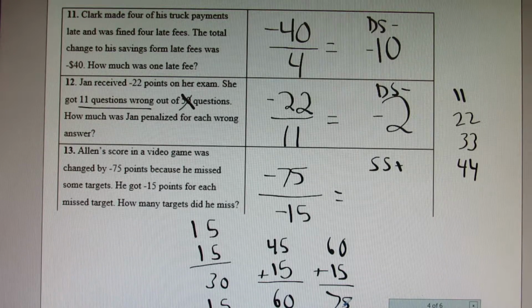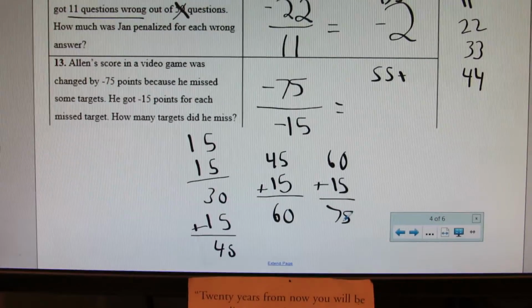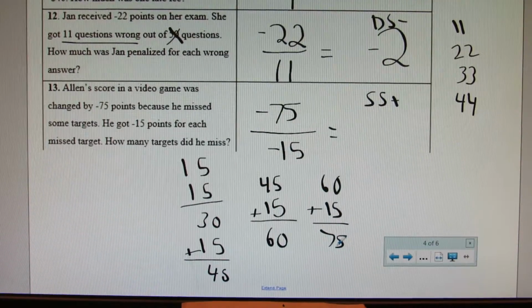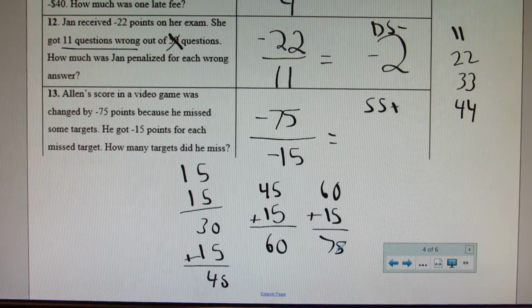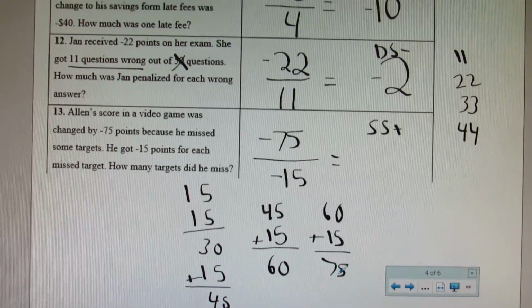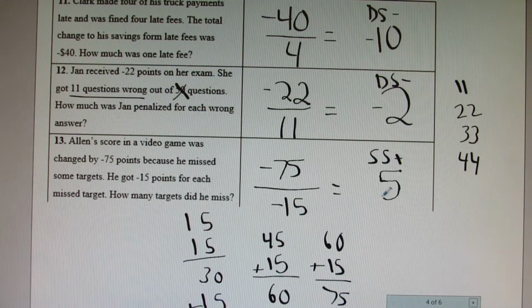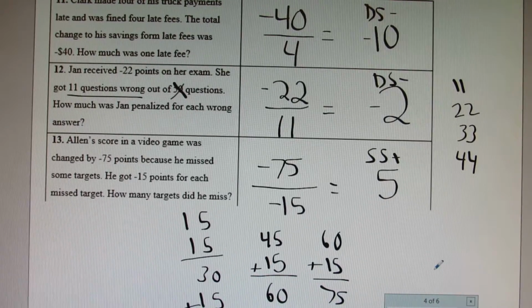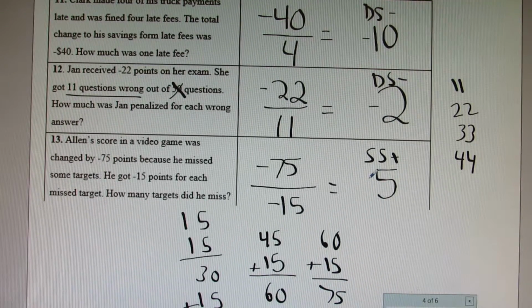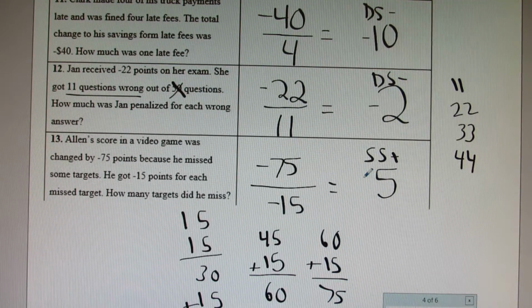All right, so let's see how many 15s we have here. 1, 2, 3, 4, 5. You see the 5 15s on the board? Okay, so 75 divided by 15 is going to be positive 5. How many targets did he miss? He missed 5, and it makes sense. He didn't miss negative 5 targets. There aren't negative 5 targets.